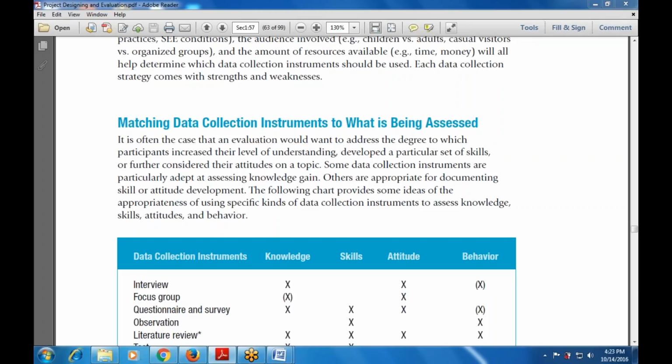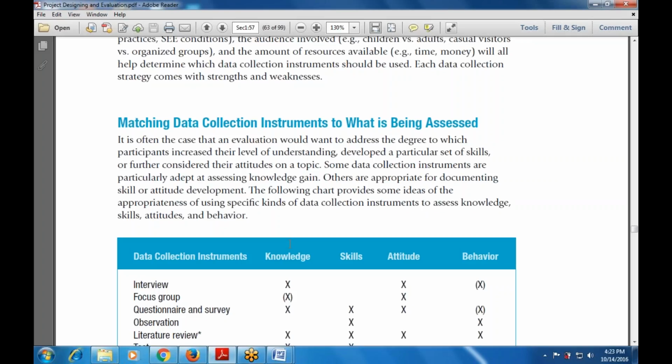Some data collection instruments are particularly adept at assessing knowledge gain. Others are appropriate for documenting skills or attitude development. And this is a chart that provides some ideas of the appropriateness of using a specific kind of data collection instrument to assess knowledge, attitude, skills, and behavior.